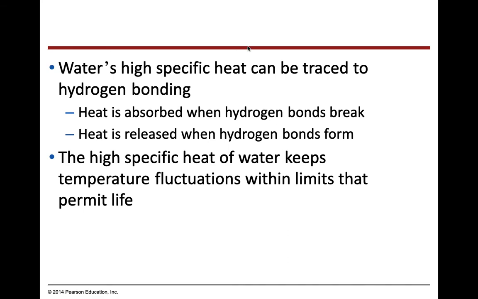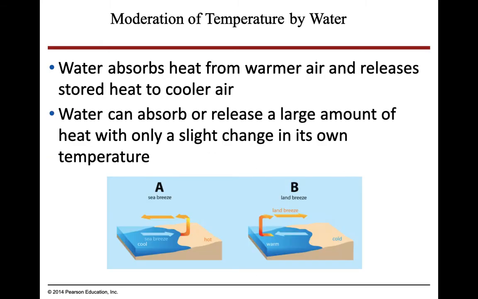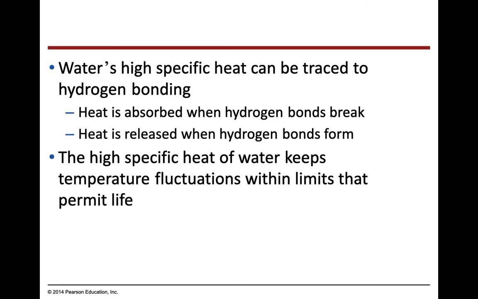that can be traced back to hydrogen bonding. So when heat is absorbed, hydrogen bonds tend to break, but those bonds are a lot stronger than in a non-polar liquid. Now, this means that it becomes very difficult to make water boil. Hence, we're able to absorb a lot of heat and store it and release it later on if the air temperature cools.